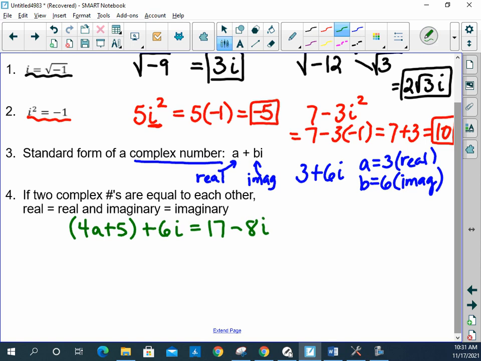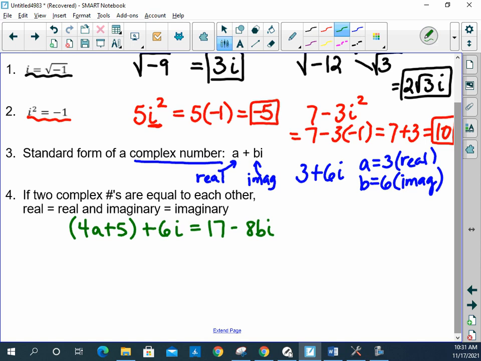So here's your equation. Again, real has to equal real, imaginary has to equal imaginary. So instead of 8i, I'm going to make that minus 8bi. So we're going to be looking for a and b. So we match real to real, imaginary to imaginary.